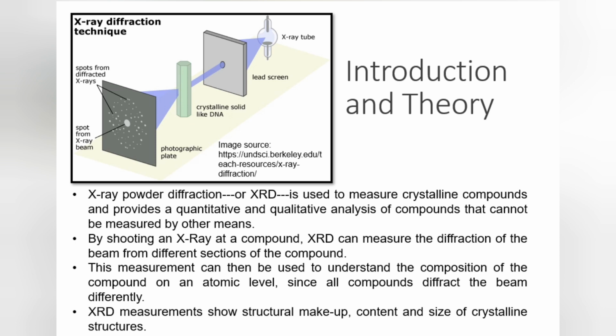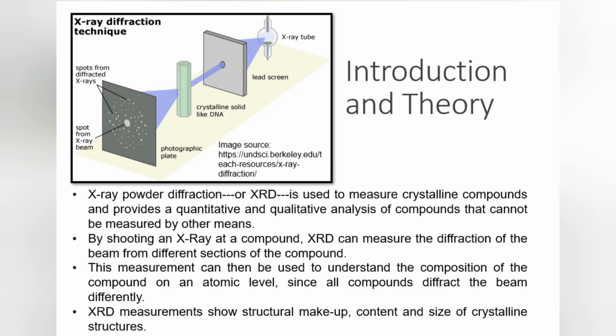Here you can see the X-rays from the source are being imparted towards the sample holder, and from that sample there will be various spots, called diffracted X-ray spots, on the photographic plate.